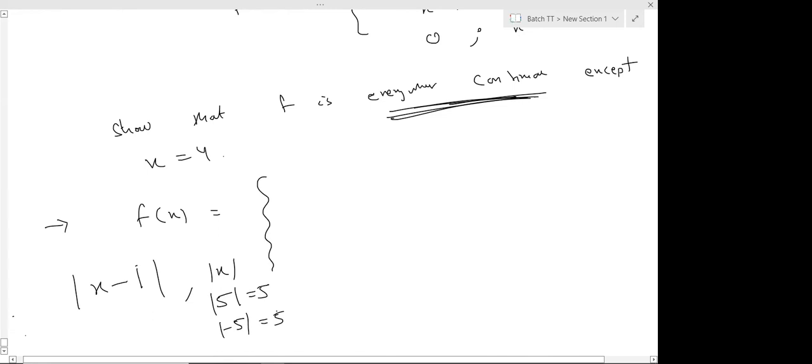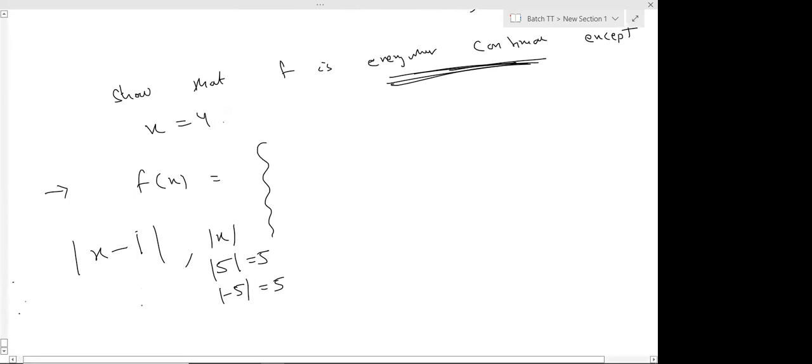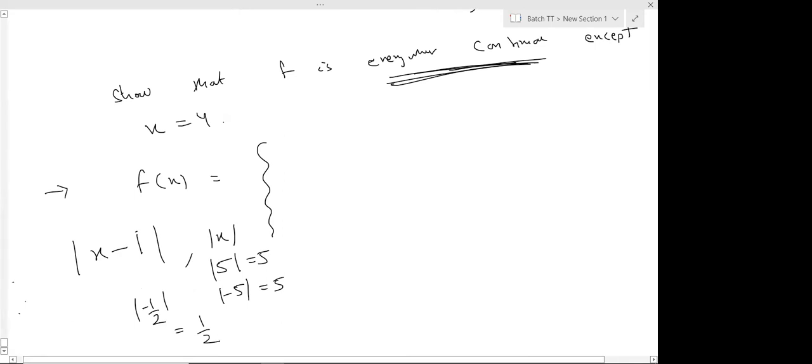What if it's -5 divided by 5? No worries. If you put -half, it will give half. It just removes the sign. So this is called the modulus function.